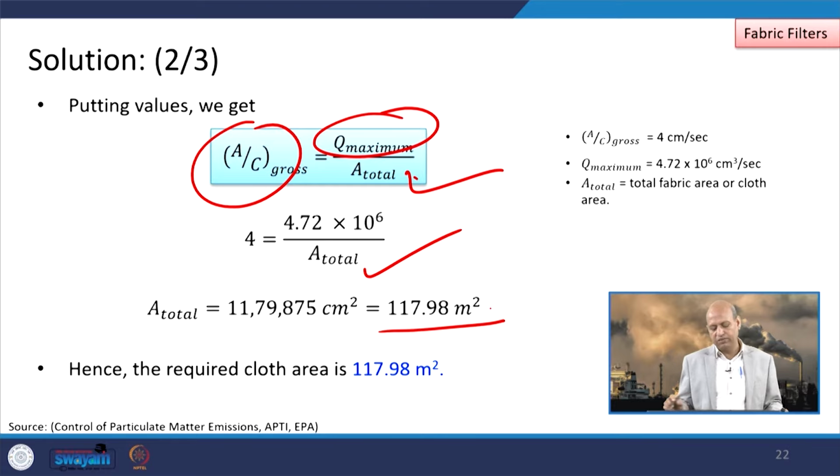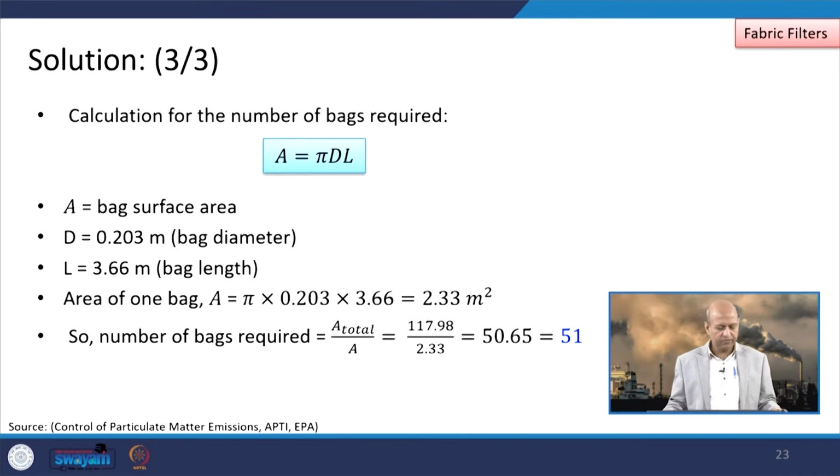It comes to around 118 square meter. So, the required cloth area for that flow rate with that ratio is around 117.98, or 118 square meter.